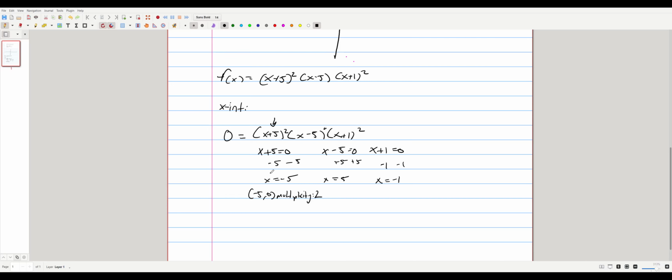Because this one is just the first power, we only have this solution once, so you would say this x-intercept is 5, 0, multiplicity, I'm just going to write mult here, multiplicity 1, and then just like the -5, this -1 is also squared, so this x-intercept is going to be -1, 0, multiplicity 2, okay? So let's grab that, move that up here. There are the x-intercepts.